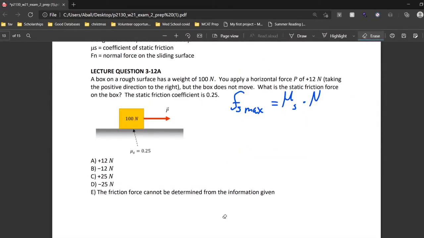Okay, so moving along here, we are going through and answering 3-12A. A box on a rough surface has a weight of 100 newtons. If you recall, weight is equal to the mass of an object times its gravitational acceleration.